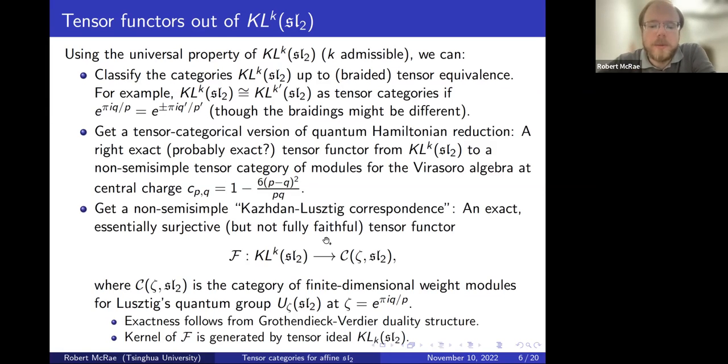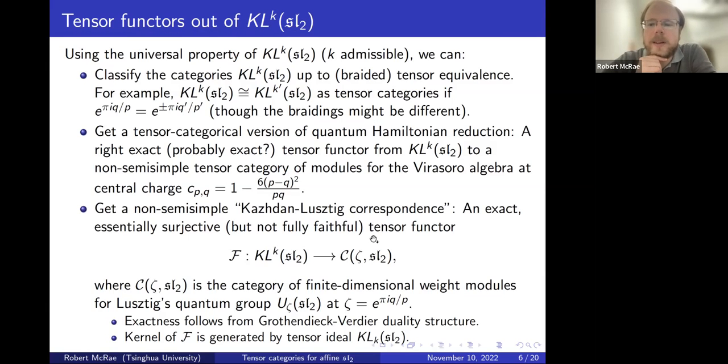But we can actually more or less characterize its failure to be fully faithful. The kernel of this functor is basically coming from this tensor ideal KL lower k, this category I was talking about before, this semi-simple subcategory. And I also said this was an exact functor.